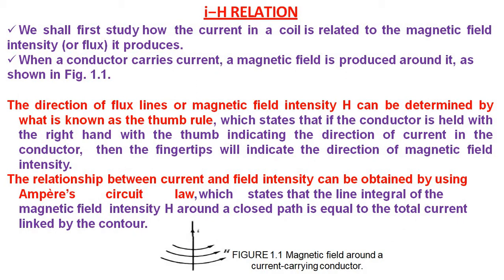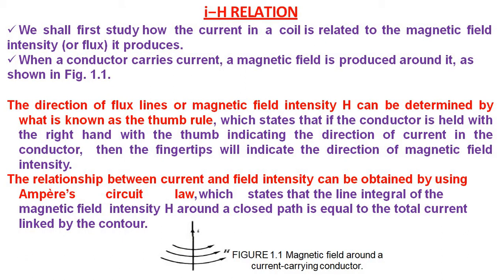Relationship between current and magnetic field intensity. We shall first study how the current in a coil is related to the magnetic field intensity or flux it produces. When a conductor carries current, a magnetic field is produced around it, as shown in the figure. The figure represents the direction of current and the displacement of magnetic field intensity.